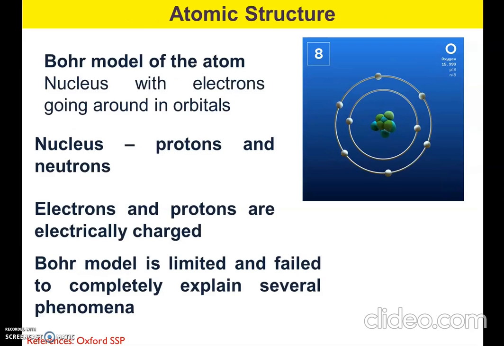Okay. So the Bohr model of the atom is well known to all of you, I believe, and essentially it talks about the atom having a nucleus, and it is surrounded by these electrons that are orbiting this nucleus in these orbitals, and these electrons we know are negatively charged, and the nucleus has protons and neutrons, and the protons are positively charged.